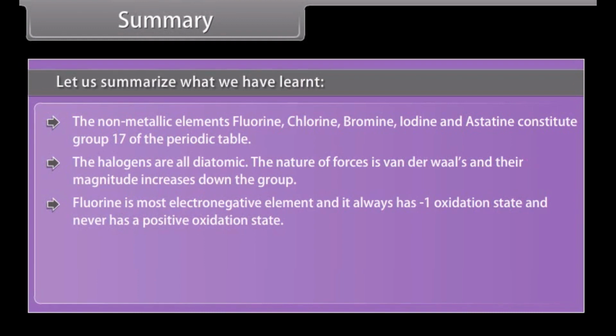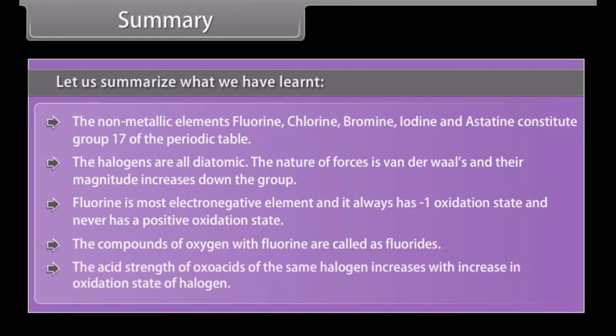Fluorine is the most electronegative element and it always has -1 oxidation state and never has a positive oxidation state. The compounds of oxygen with fluorine are called fluorides. The acid strength of oxoacids of the same halogen increases with increase in oxidation state of halogen.